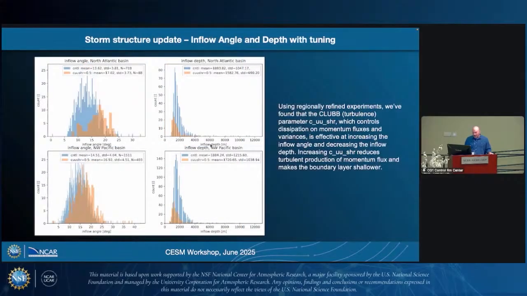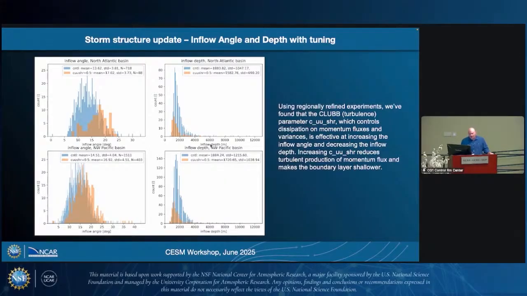And so actually we are able to get a handle on that using one CLUBB parameter in particular called CUU shear. When we increase that parameter, it basically reduces turbulent production in the horizontal momentum flux equation.